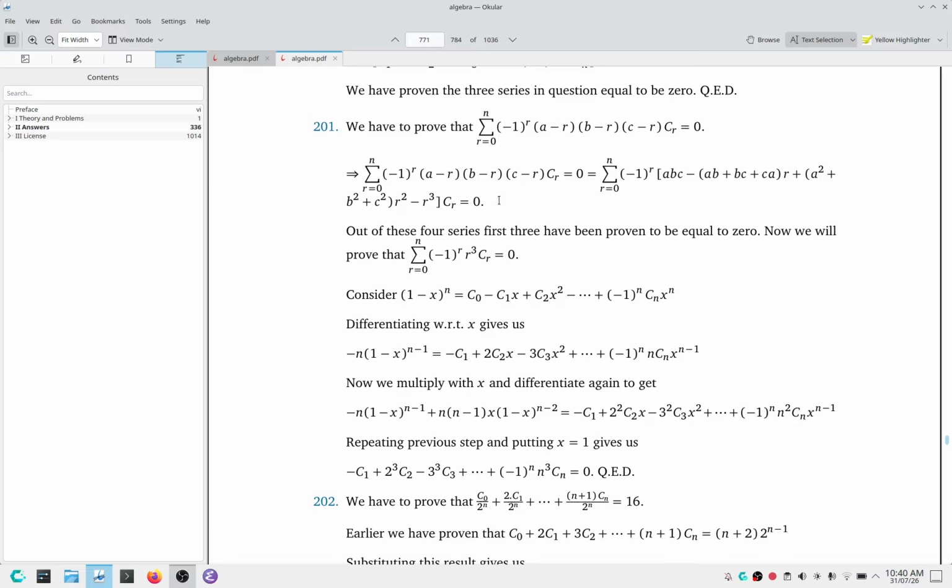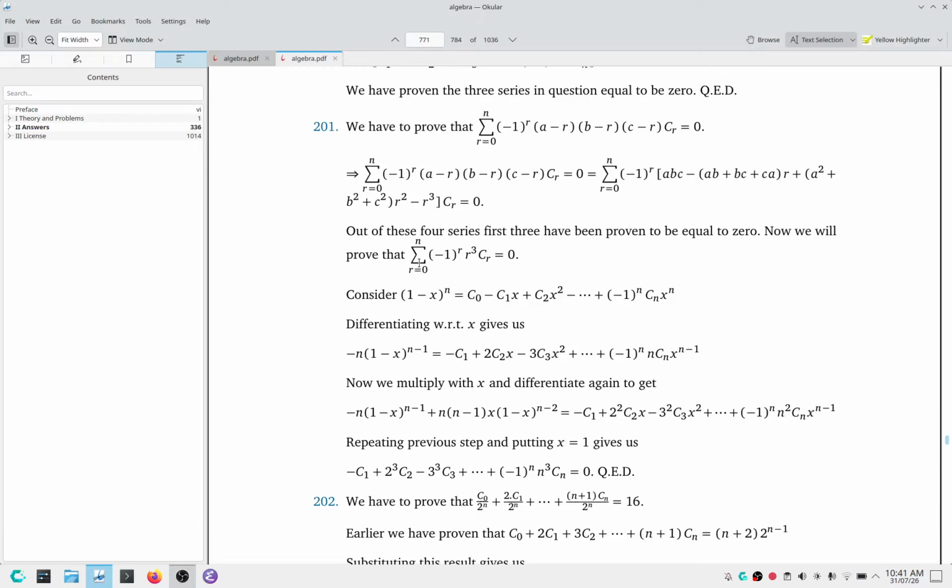Now, how did we get R square? So R into R square. This should be A plus B plus C, because you see, you multiply these two, you get R square, and then R square, when you multiply with C, that should be C. It shouldn't be C square. So it is A plus B plus C, minus R cube. Now, out of these four series, for ABC, R square, and R cube, the first three have been proven to be equal to 0.